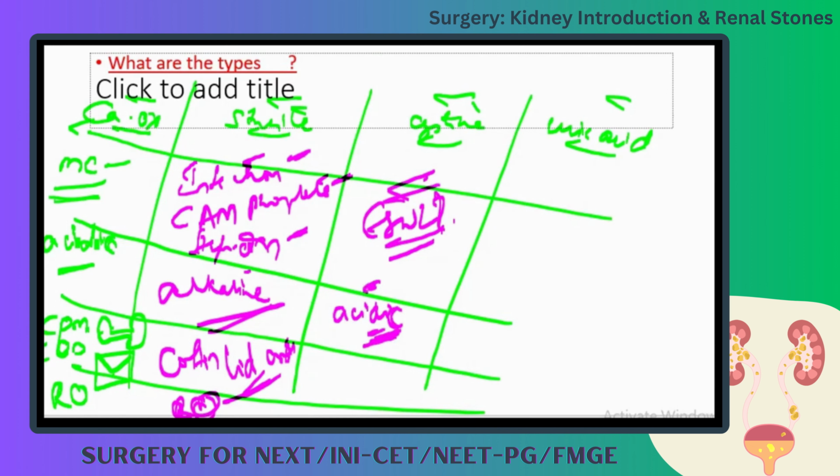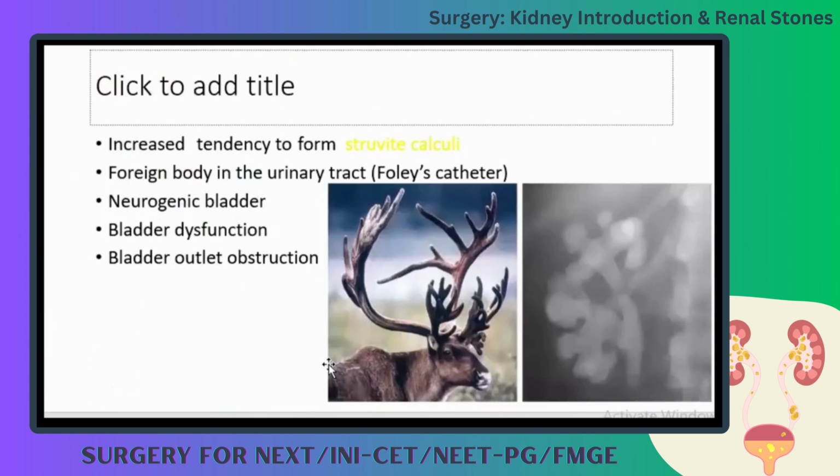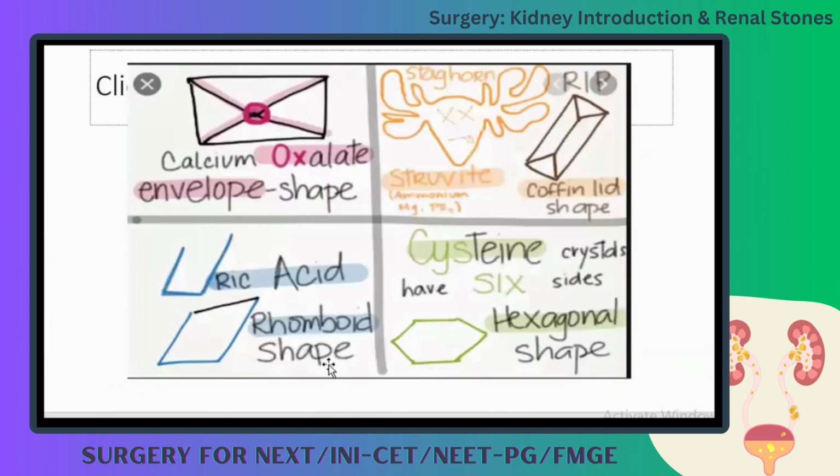And cystine stone, what is the shape? Sorry, I'll show you the shapes. It's hexagonal. Yeah, see here, this is the calcium oxalate stone. This is envelope. Calcium oxalate is envelope.